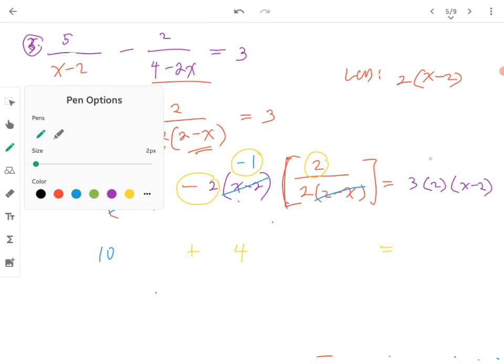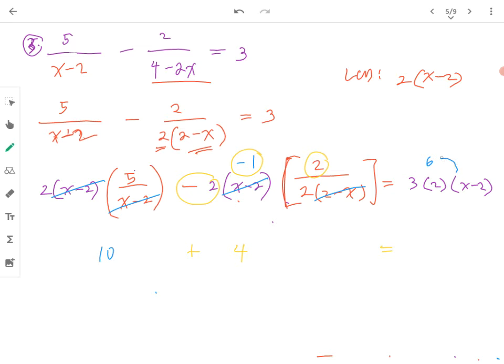Then here, this becomes 6, so distributing 6 here, that is 6x minus 12. In this case, we can combine, this is 14 equals 6x minus 12. Then we can combine 12 and 14, so we have 26 equals 6x.